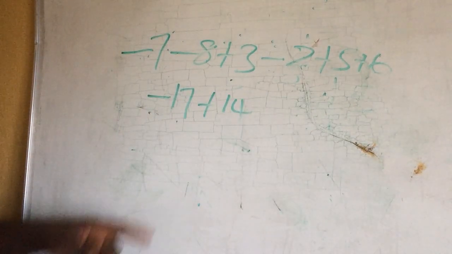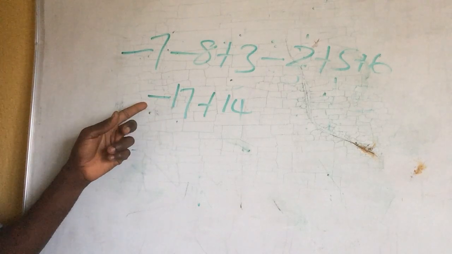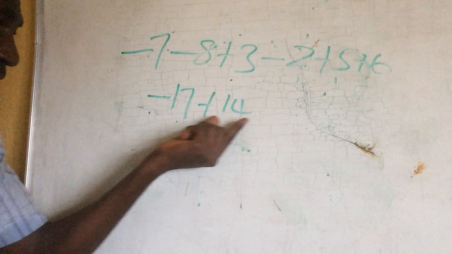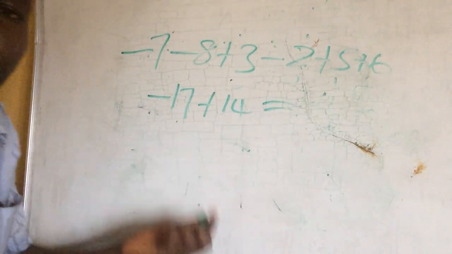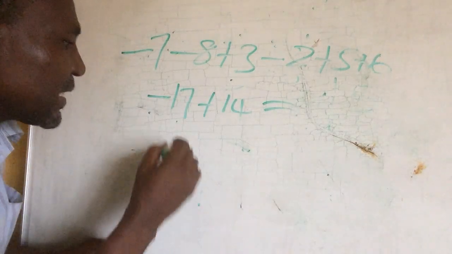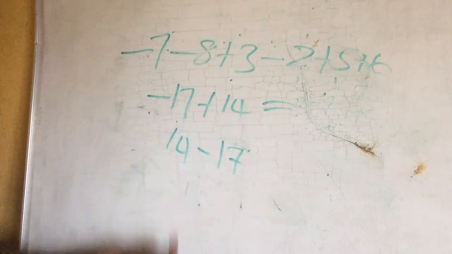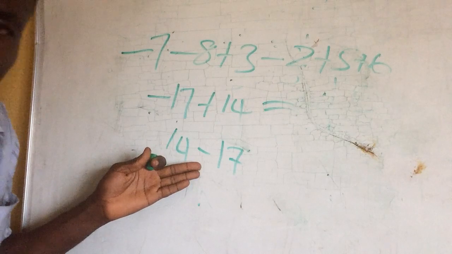Remember what I told you, whether the negative number is in front or at the back, you must take away this one inside this. If you want to clear yourself, you rearrange it by saying 14 minus 17. It's still the same thing. But if you are well grounded, you know that this is still the same thing with this.